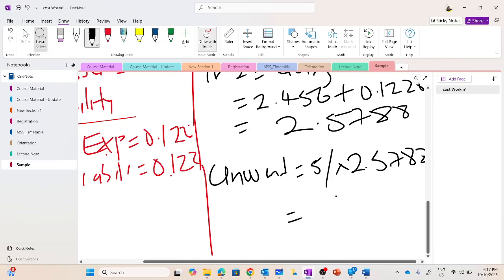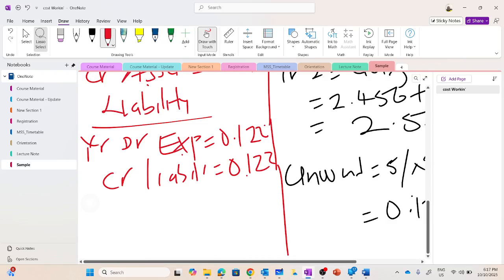So for year 2, we are going to debit expense with 0.1289 and we are going to credit liability with 0.1289.